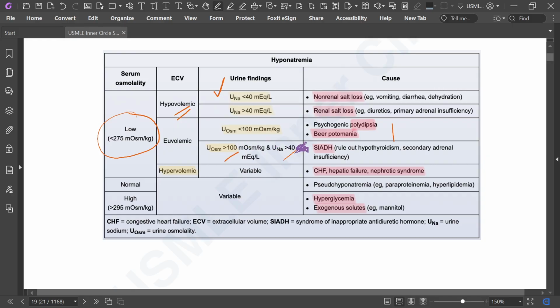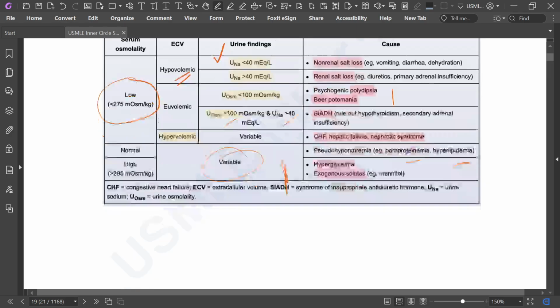In hypervolemic hyponatremia, it may be due to CHF, cirrhosis and nephrotic syndrome, and some variable causes of hyponatremia. It may be pseudohyponatremia, paraproteinemia, hyperlipidemia, hyperglycemia, exogenous solute.